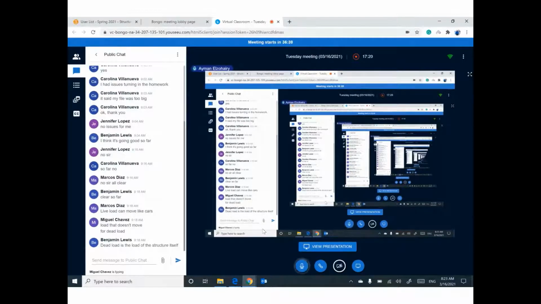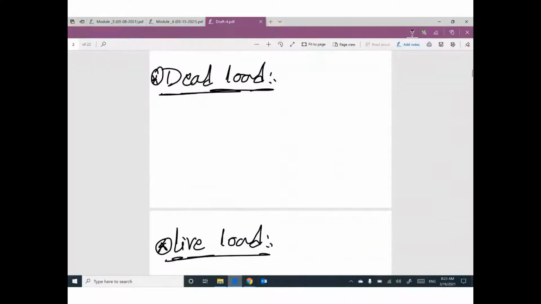Dead load is the load of the structure itself. It's a good point. Dead load is the load of the structure itself. Okay, let me say something. Dead load can be called own weight of the structure.